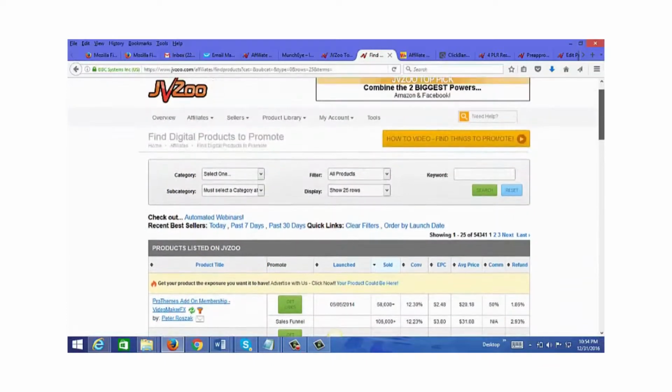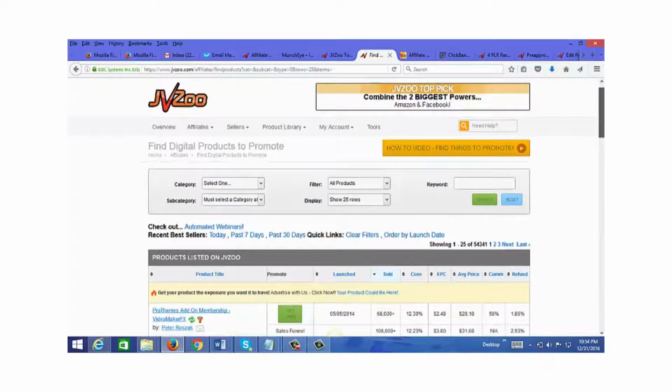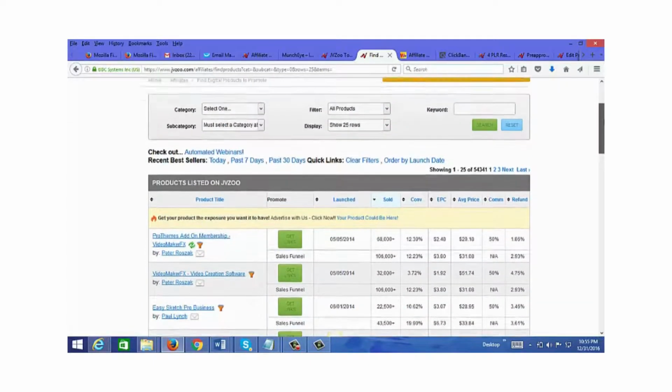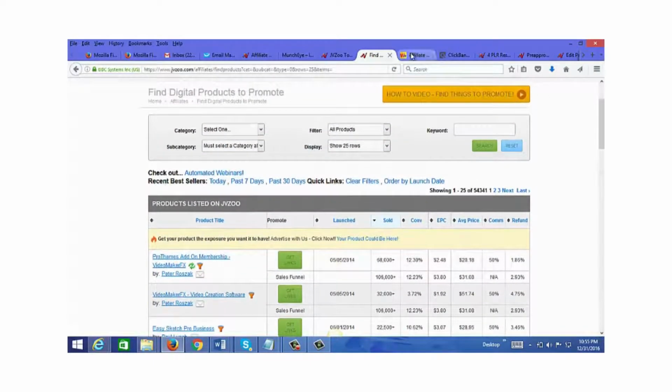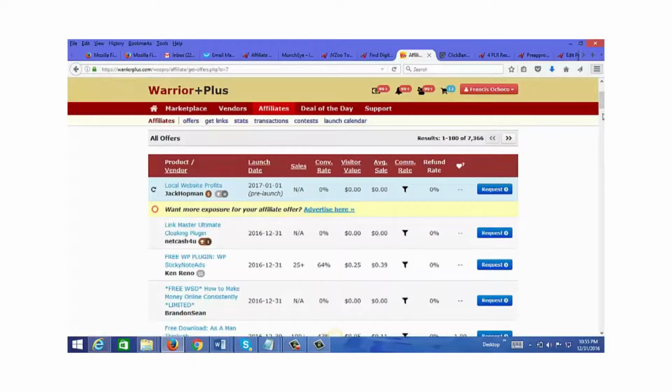So if I'm looking for something related to, say, list building, or something related to CPA, or how to make money with surveys or something like that, I put in those keywords here and I do a search for those types of products. Okay, another network that's great for finding internet marketing related products is the Warrior Plus.